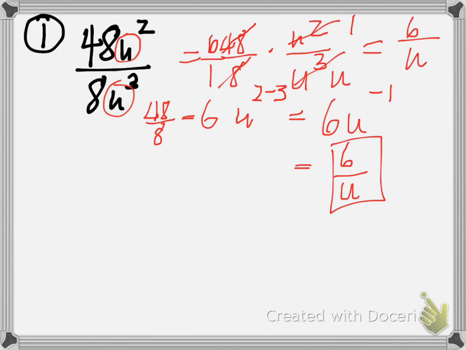So let's look at another one. The second problem that you were looking at was 7x squared over 35x to the fifth.